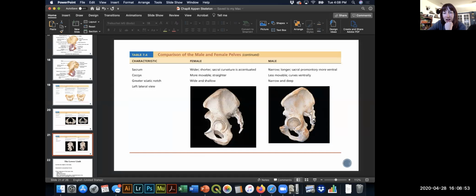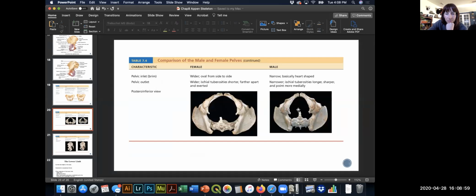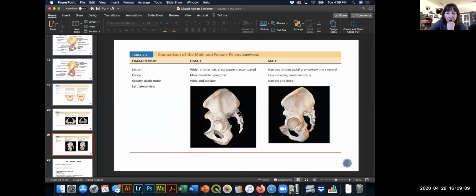Check out how the coccyx and the sacrum are practically blocking off the birth canal, or the analogous birth canal, in the male pelvis, right? Versus the female pelvis, where it's all bent out of the way. The sacrum and the coccyx are pushed posteriorly and out of the way, and this one is curved anteriorly in the male pelvis. Does that make sense?